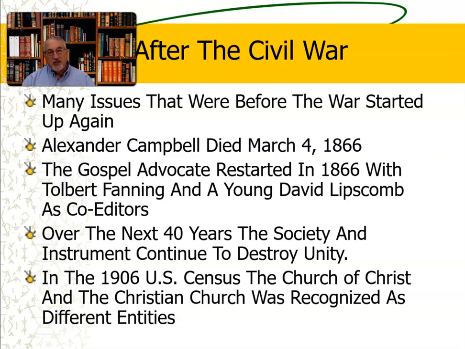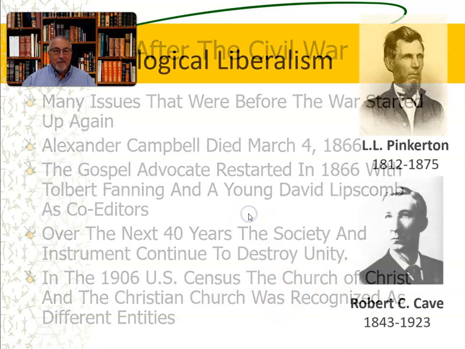The Christian Church, sometimes Disciples of Christ, using the instruments, they are separated in this official government document. So again, the division is not from any church organization. This is just recognizing that these people have separated over these issues and are not really working together, and so even the U.S. government begins to separate them.